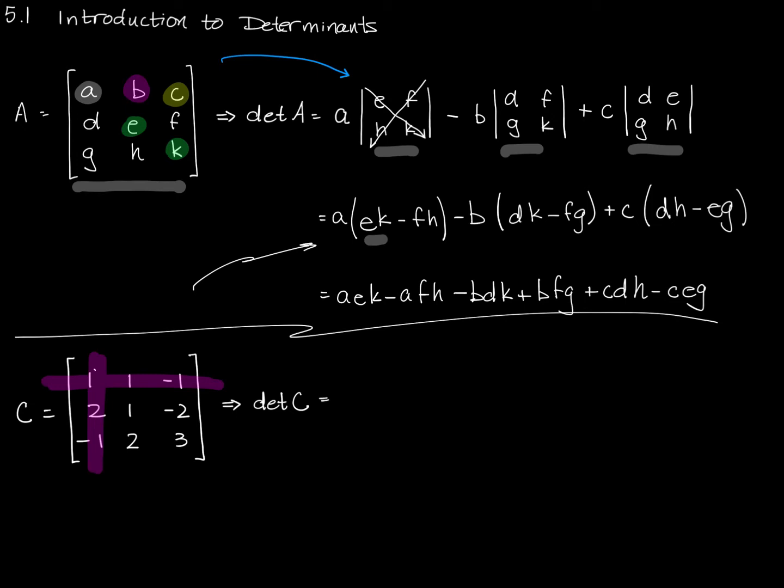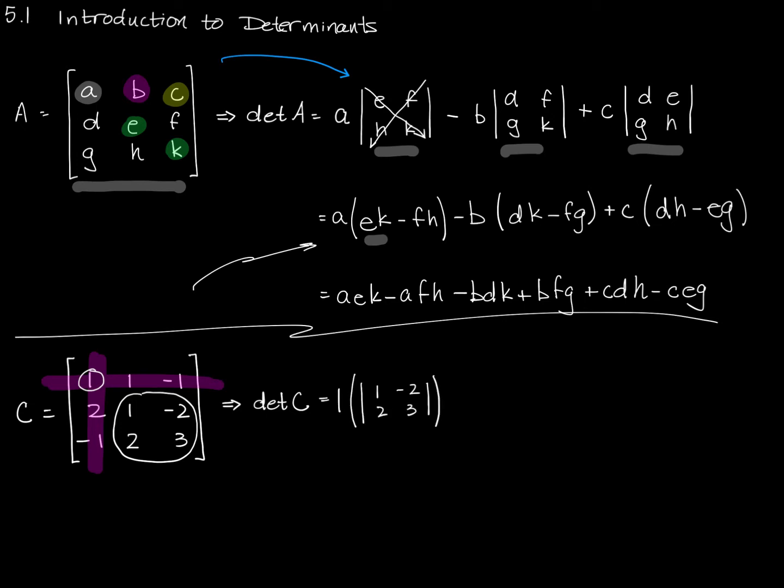That's going to be this 1 right here. I'm going to write that down here. And then I'm also going to make a note of the entries that didn't get crossed out at all, these 4 right here. Notice that that is kind of like a sub-matrix almost. So I'm going to write 1 times the determinant of the matrix 1, -2, 2, 3.